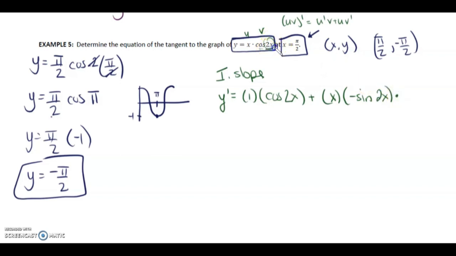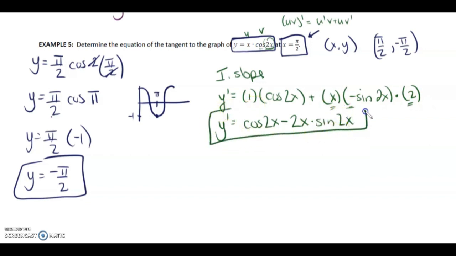What is the derivative of 2x? Well, it's just 2. So simplified, the derivative of our function is cos of 2x minus 2x sine 2x. That's our derivative.